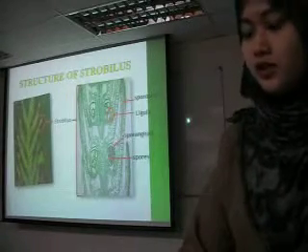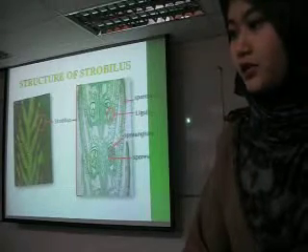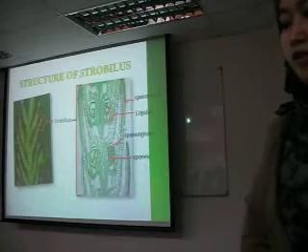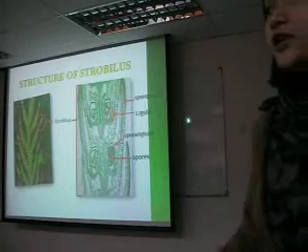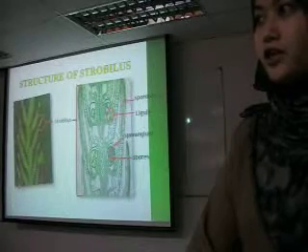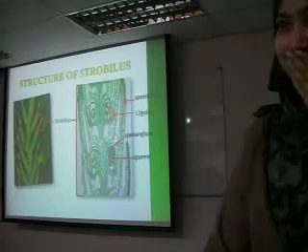Here is the structure of the strobilus. We can see here the structure of the ligule. The difference between Selaginellaceae and Lycopodiaceae is the presence of the ligule. In Lycopodiaceae, they have no ligule.